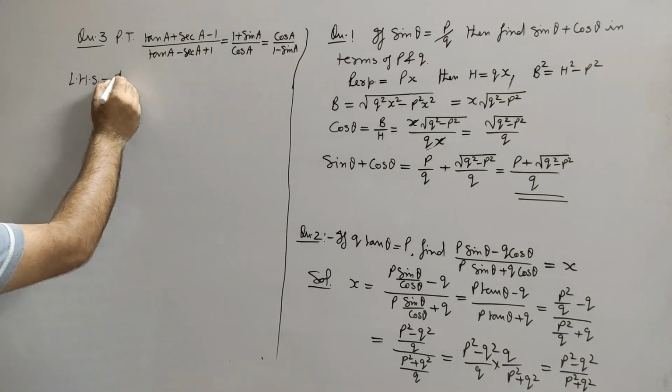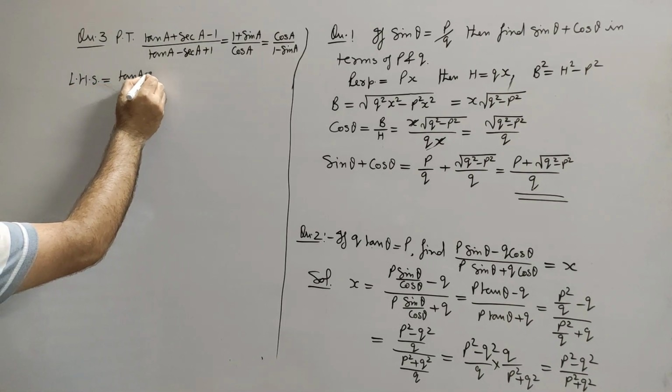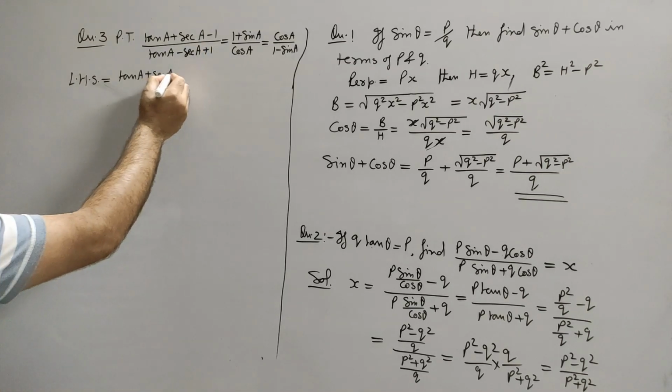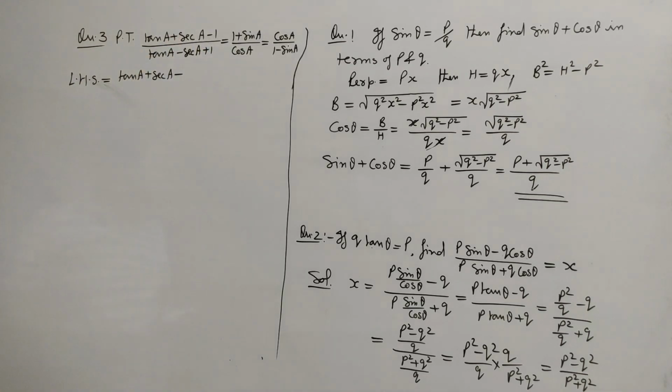LHS is tan a plus sec a minus 1, and in this question 1 will be replaced by the trigonometric identity 1 plus tan square theta is equal to sec square theta. So 1 will be equal to sec square theta minus tan square theta.